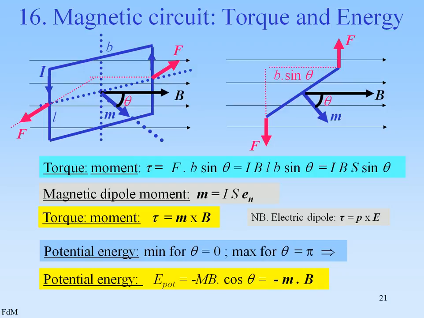And m is the magnetic moment here, and this means that it is equal to minus the scalar product of m and B. And compare, for the electrical dipole it is minus the dipole moment times the external field, and for the torque we found the dipole moment with the vectorial product with the external field.